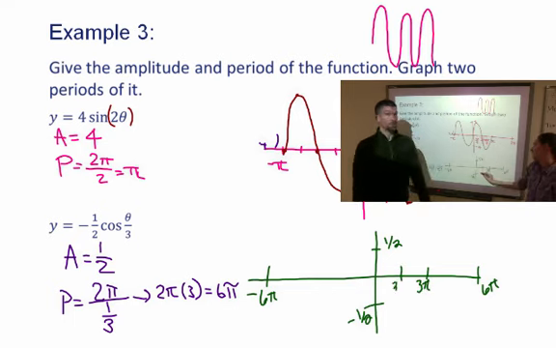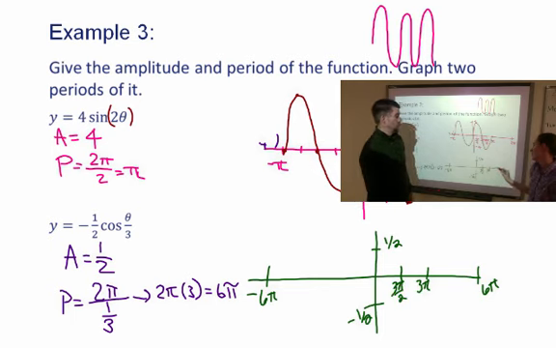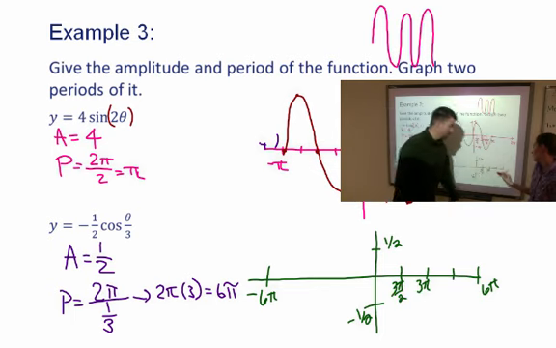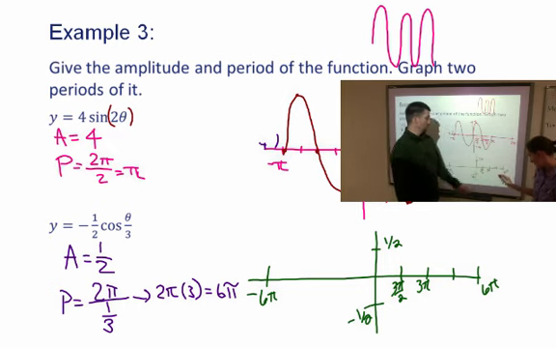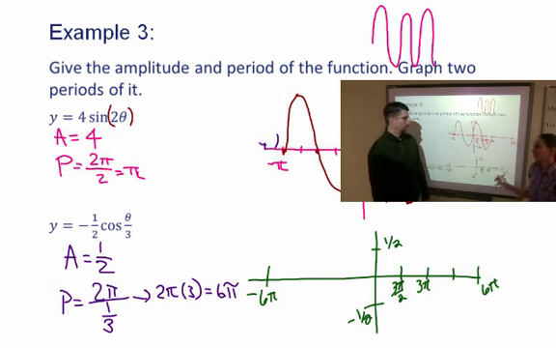Then 3 pi over 2 and 9 pi over 2 are the other marks. I'm happy with you labeling half of the tick marks, but if you're doing a table of values, you need to know what those are. It's good practice.